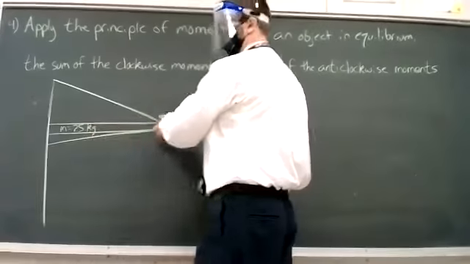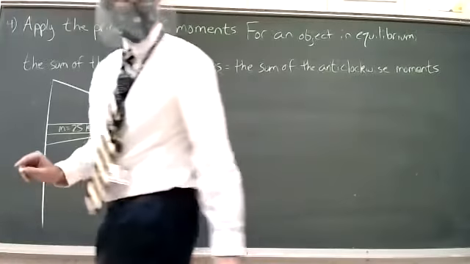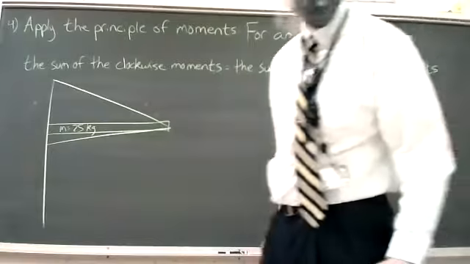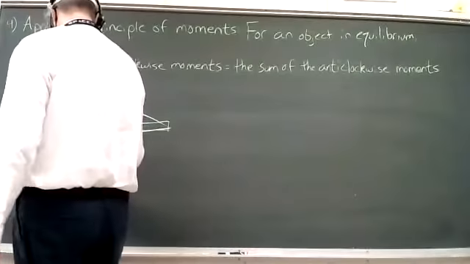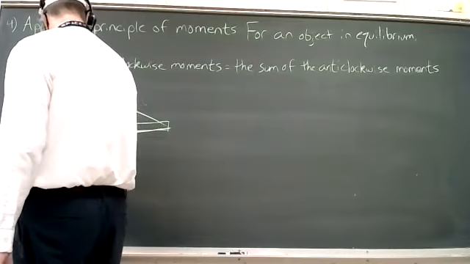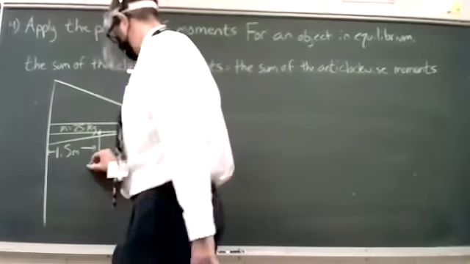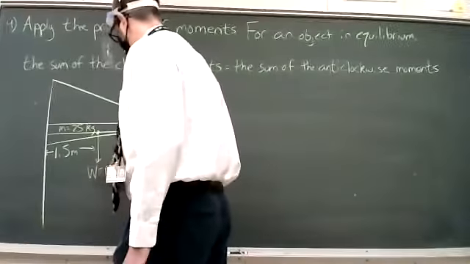Here it's not, but they tell us its center of gravity is 1.5 meters from this fixed end, the point where all of the weight could be thought to act. So keep that in mind.